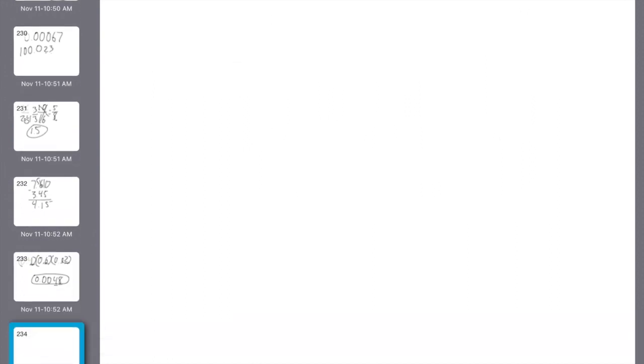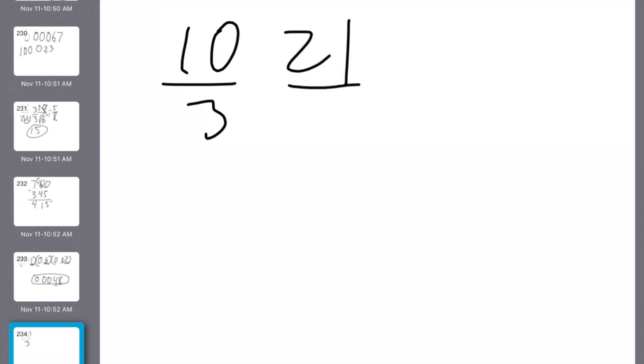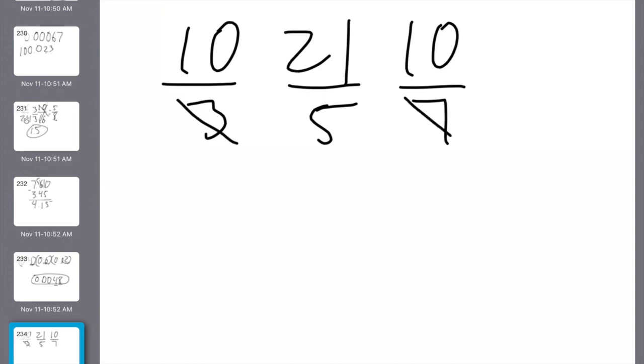Down to number 27. I'm going to make them improper. 3 times 3 is 9 plus 1 is 10 over 3. 2 times 8 is 16 plus 5 is 21 over 5. And 1 times 7 is 7 plus 3 is 10 over 7. Okay. 3 and 7 is 21, so they cancel each other out.